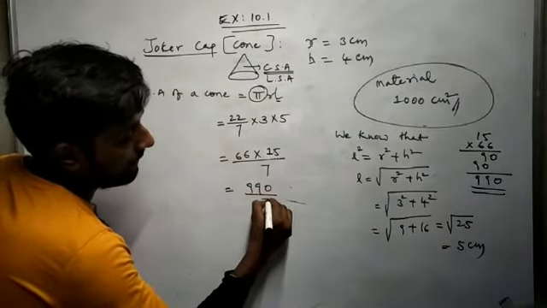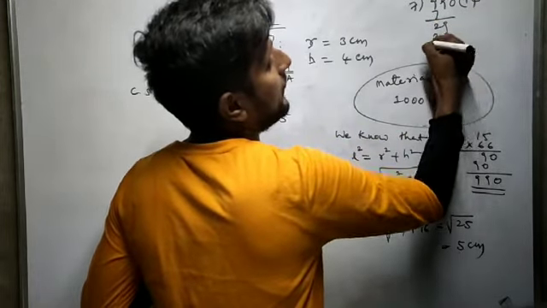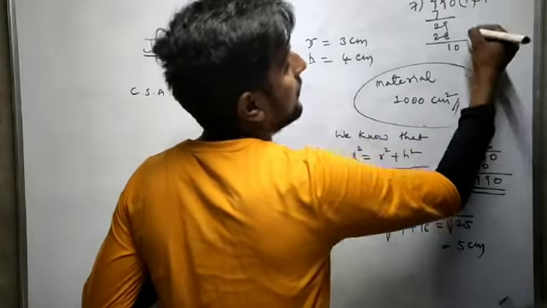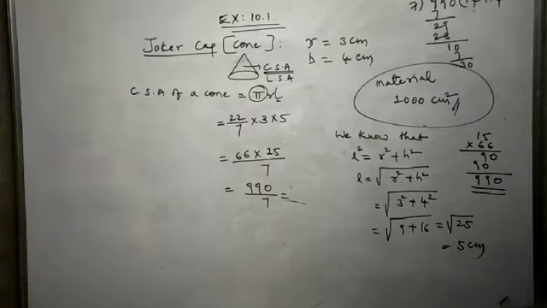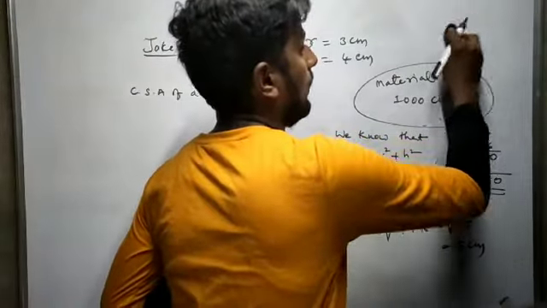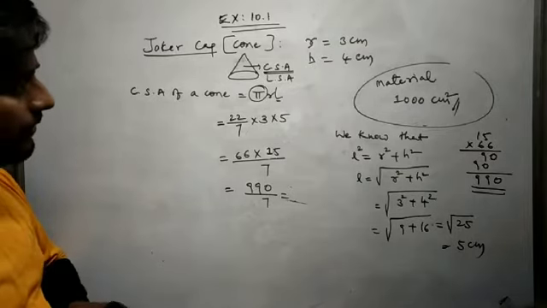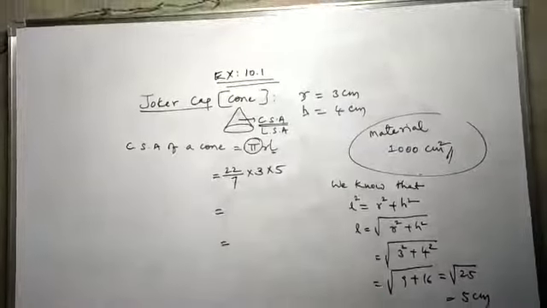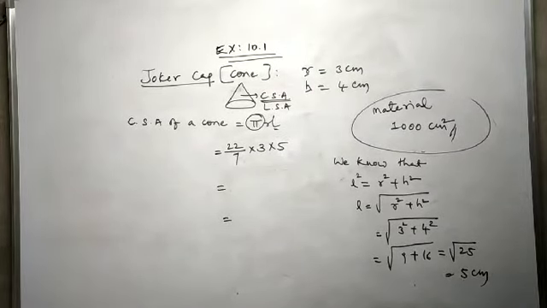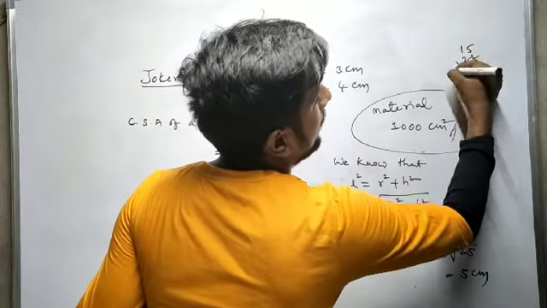Simple, 330 by 7. So 15 into 22, I'll write it as 30, 30.